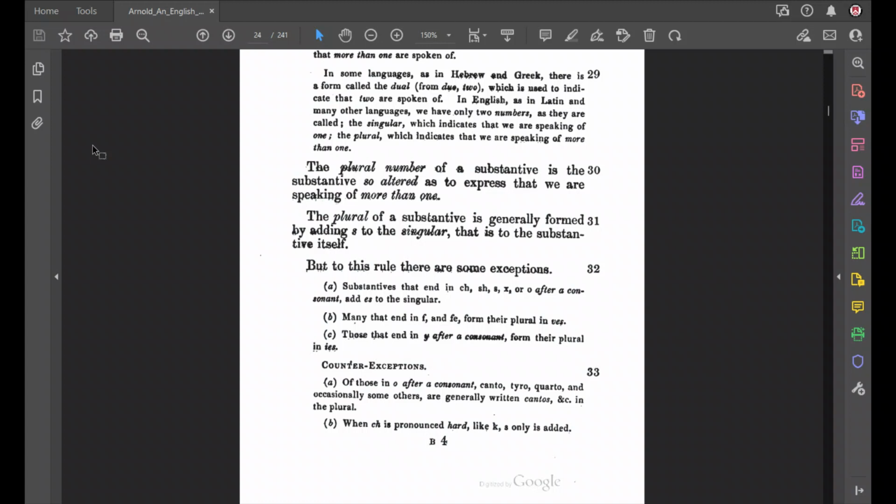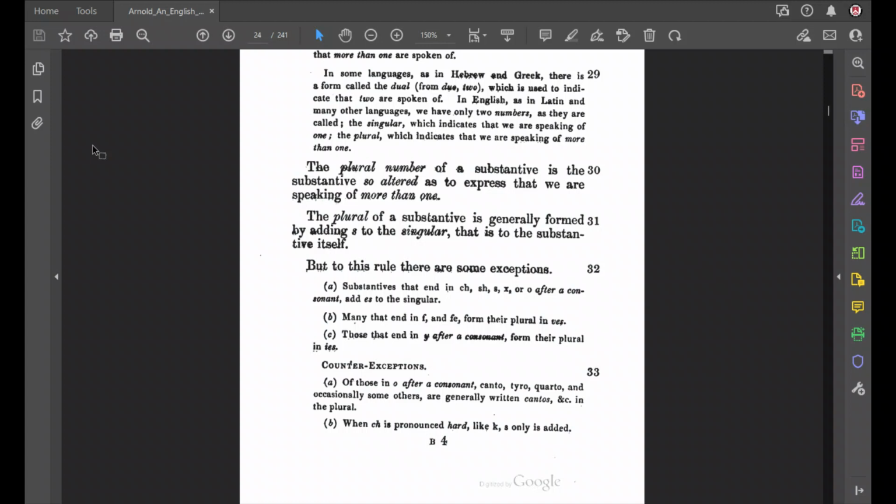What shows our education is when we understand all of the exceptions and the details, the words that don't follow this rule. For us to know how to show their plural form, that's what really shows that we understand the grammar of the language. So what we want to pay attention to are these exceptions. So in Article 32 we read, there are exceptions to this rule.